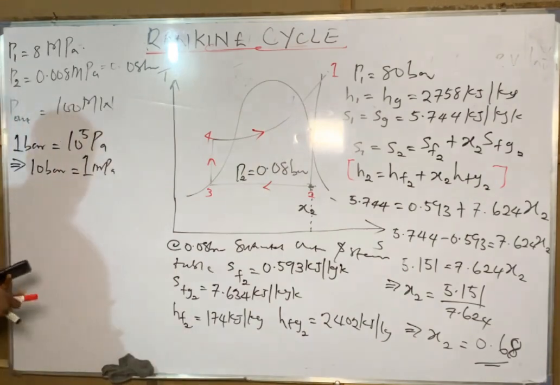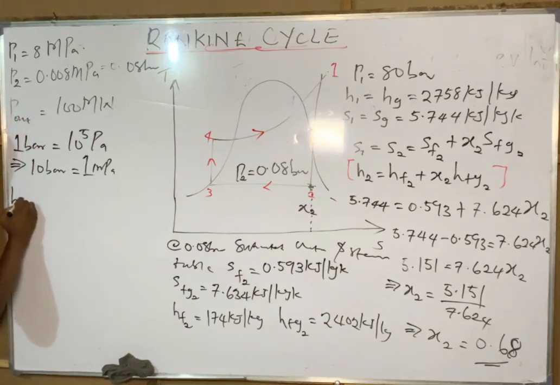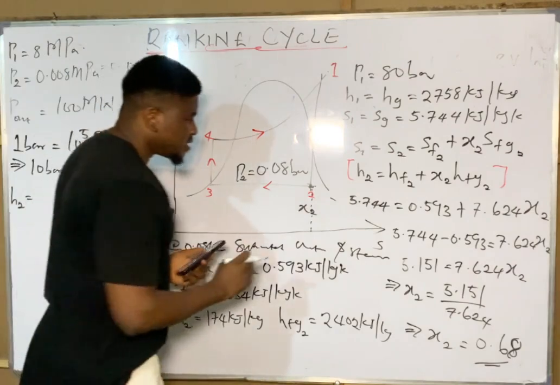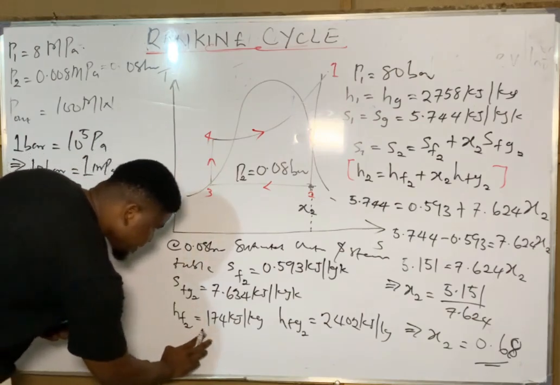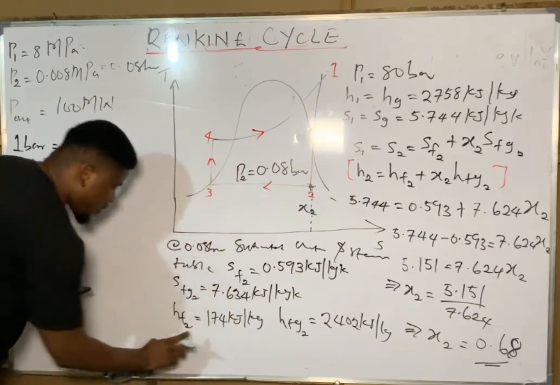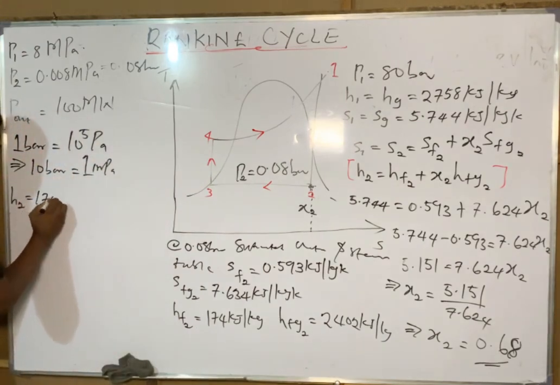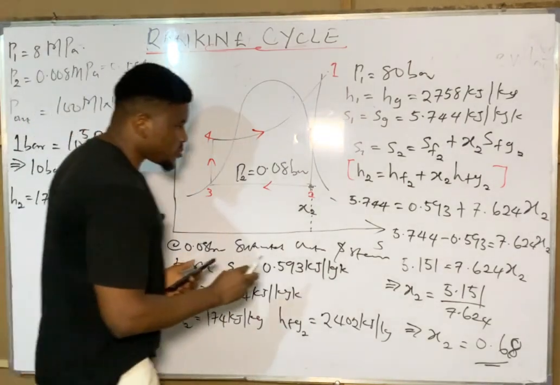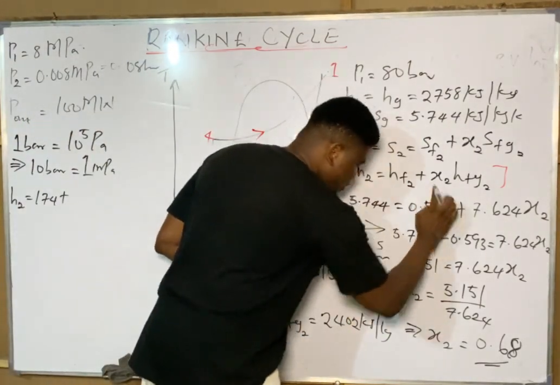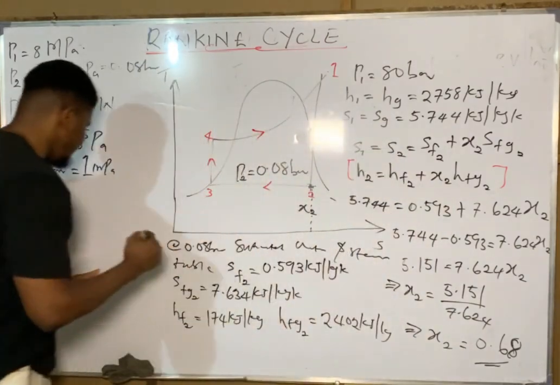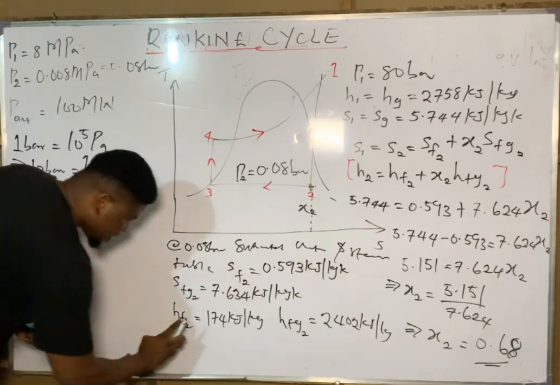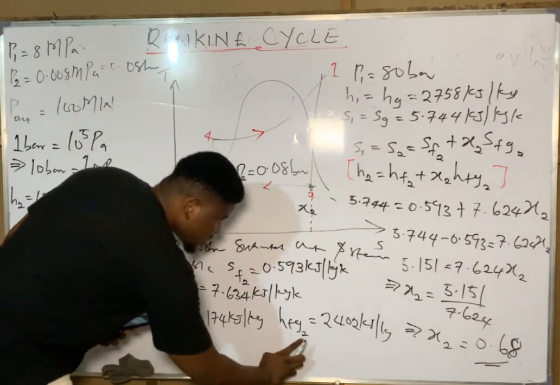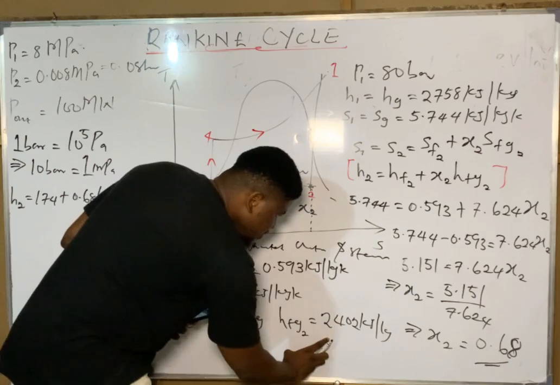So we can do that over here. H2 is going to be equal to, remember the formula, HF2, and we have the value of HF2 here to be 174. So we have 174 plus, remember x2 multiplied by HFG, but now we know what x2 is, 0.68. So plus 0.68 multiplied by HFG2, which gave us here to be 2402.